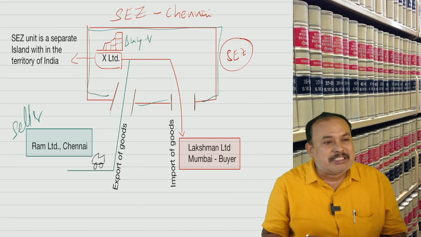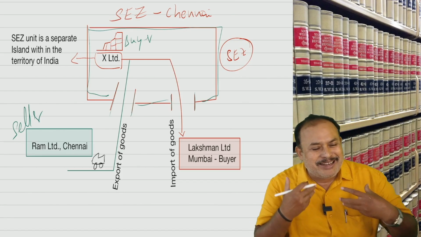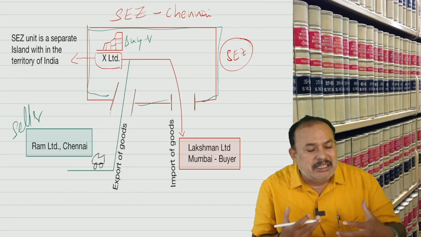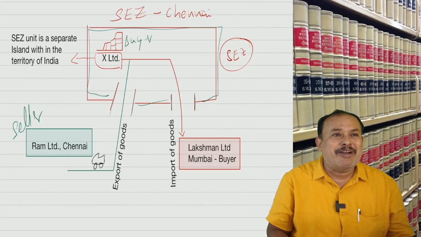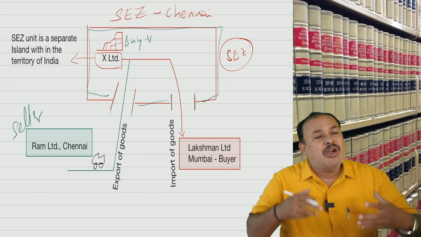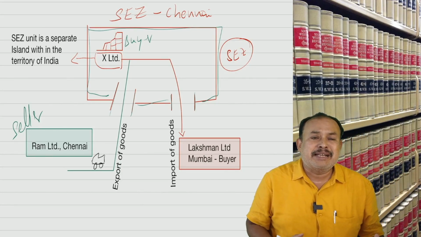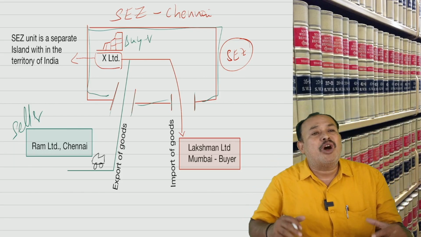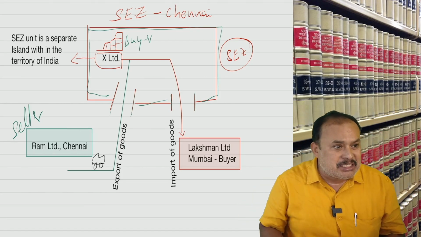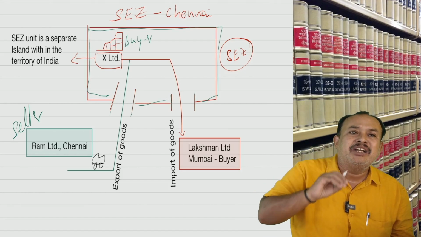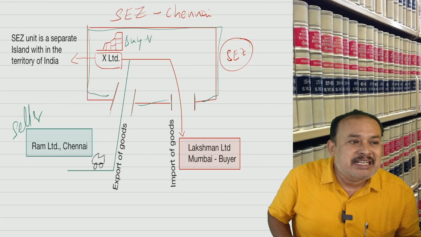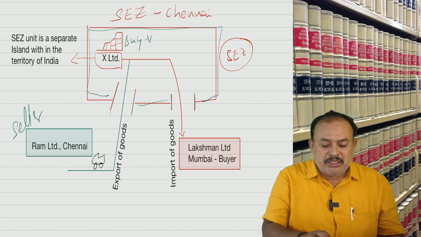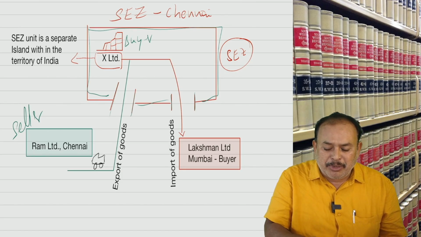Who constructed the X Limited building, who laid the roads inside the SEZ, who provided water, drainage and electricity facilities? The infrastructure developed by companies within the SEZ, we call it an SEZ developer.